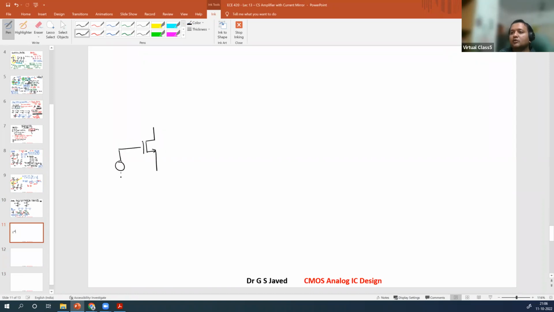Here you give the input, Vin, here you take the output, Vout. This is your common source. Now what is your common gate? Common gate means you will give the input at the source, you will take the output at the load.